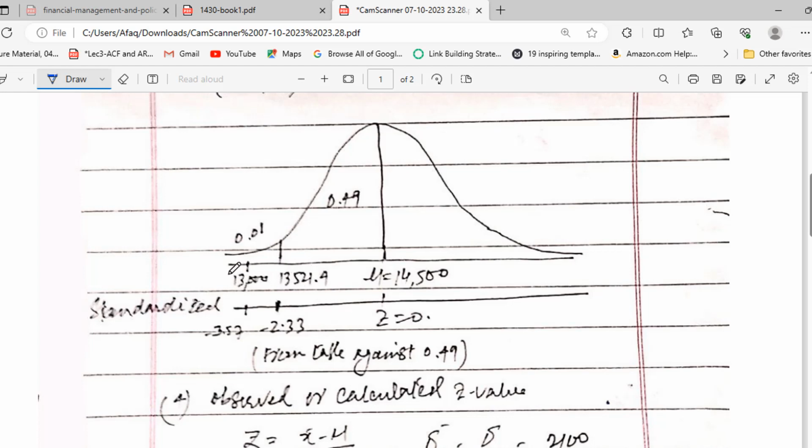Now again look at that: the sample mean 13,000 is less than 13,521.91, so it falls in the rejection region. So we are going to reject H naught. But if you use the other hypothesis where we put H naught as less than, then we will accept the hypothesis in this case.